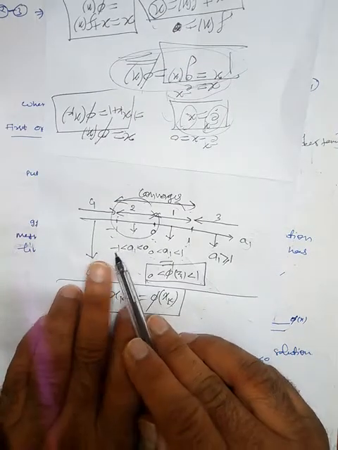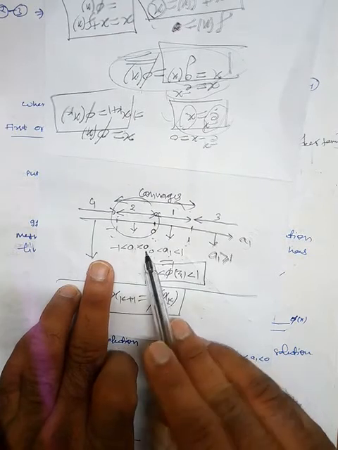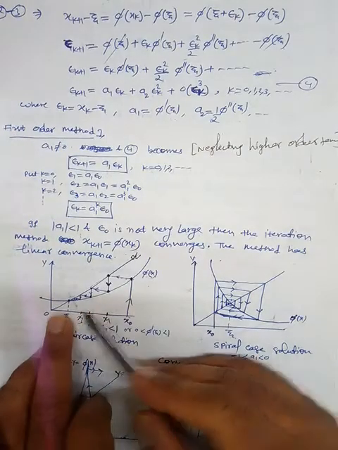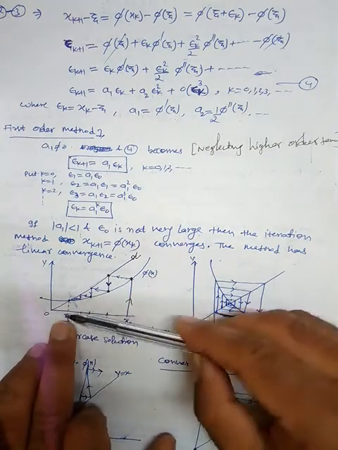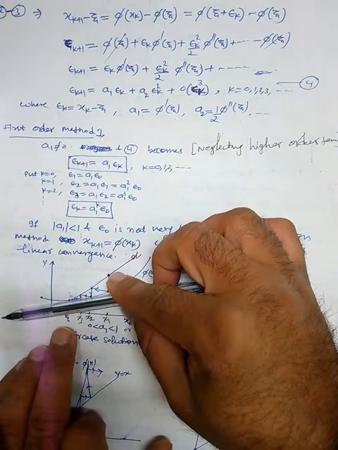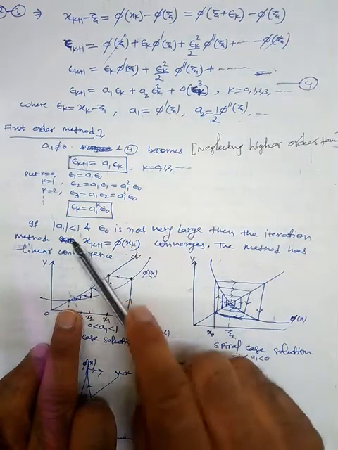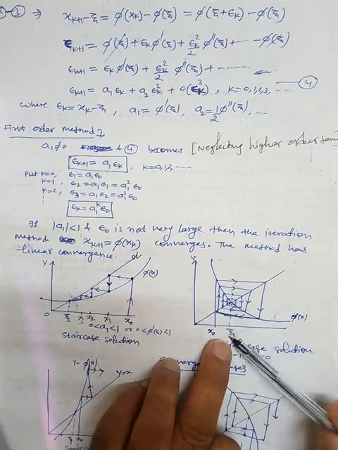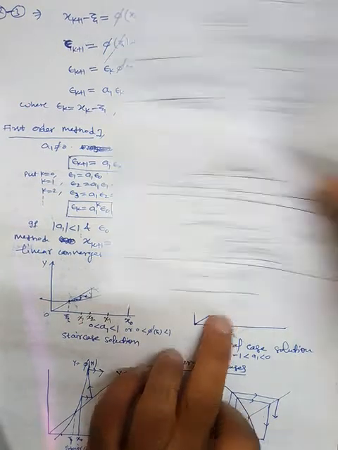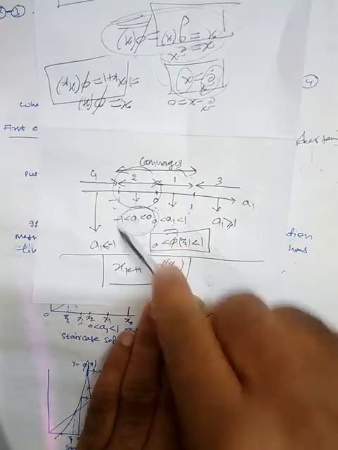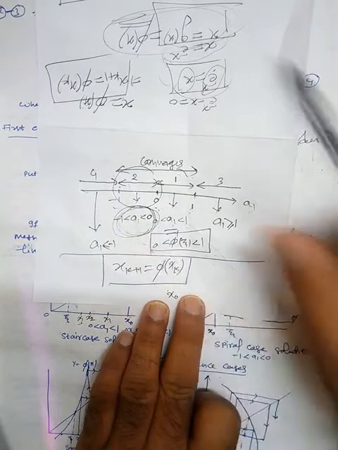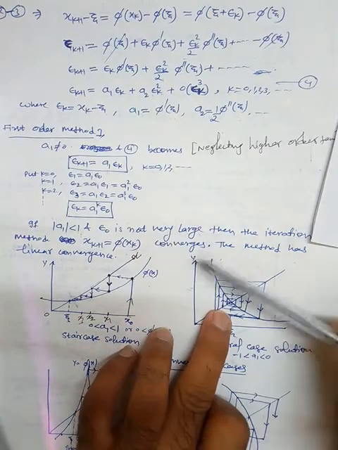Here the slope is in between -1 and 0. Fine. So here you will see that the slope is increasing, that's why in between 0 and 1. However, here the value of the slope is in between -1 and 0. That means decreasing. That's why we are having this type of curve.